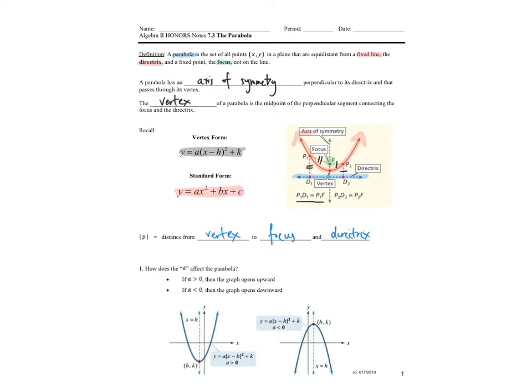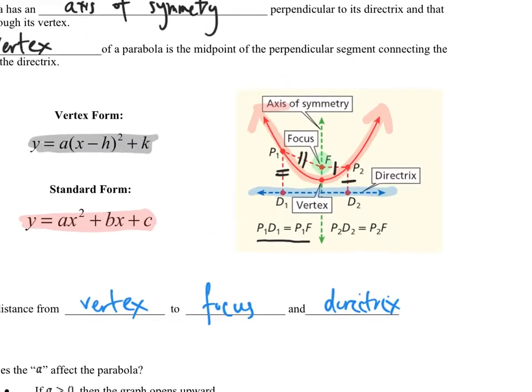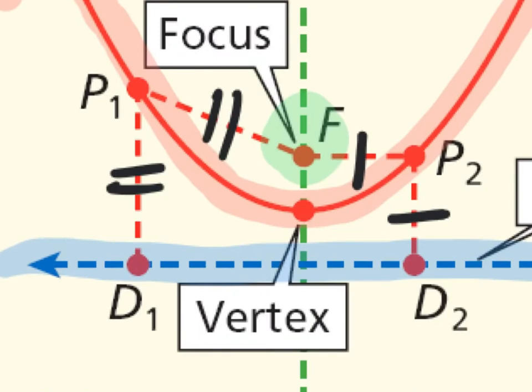Remember, the vertex is a point on the parabola, so those distances should be the same by definition of the parabola. If we zoom in real close here, here is our vertex, here is our focus, so the length of that line is the absolute value of P, but also the length of the segment joining the vertex to the directrix will also be absolute value P.